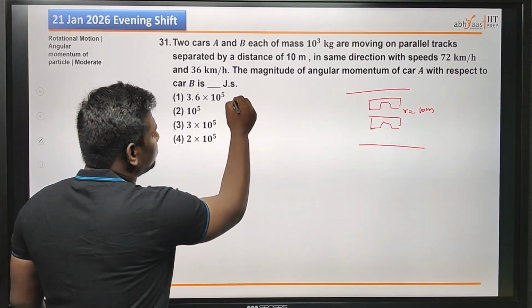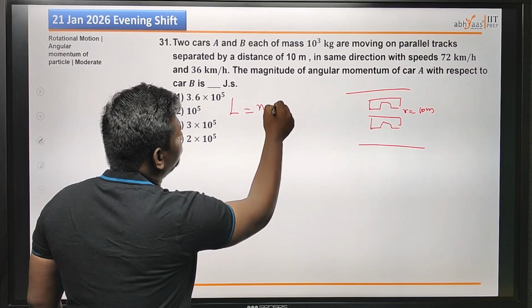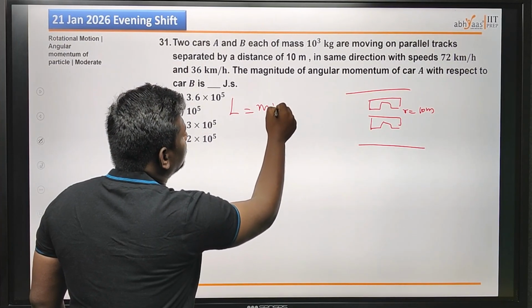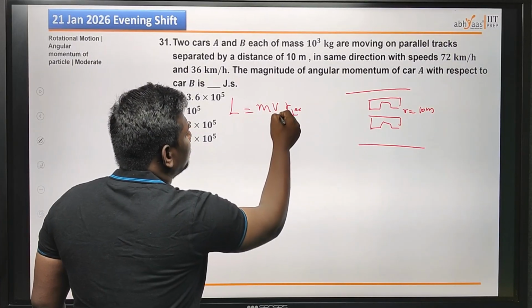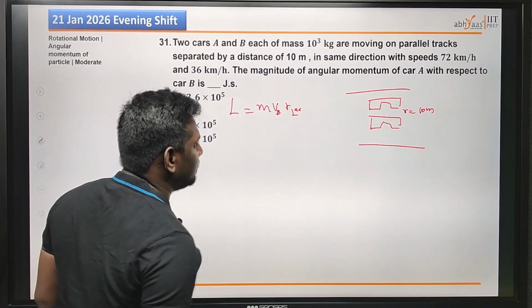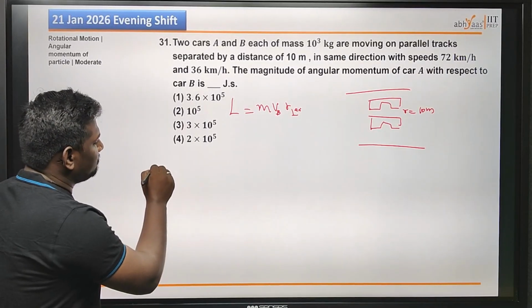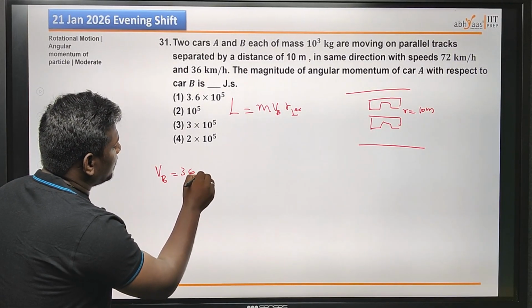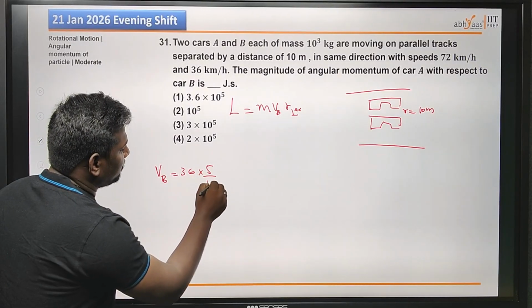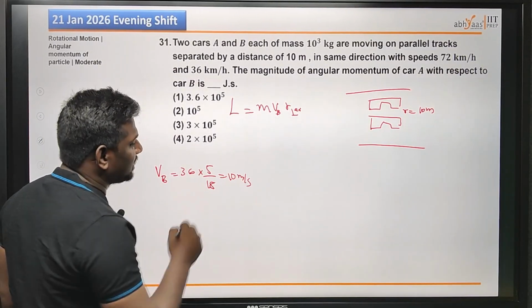Angular momentum, we know the formula L equal to mvr. R is the perpendicular distance, and v is the velocity of B. What is the velocity of the B car? It is 36 times 1 by 18, so you get 10 meter per second.